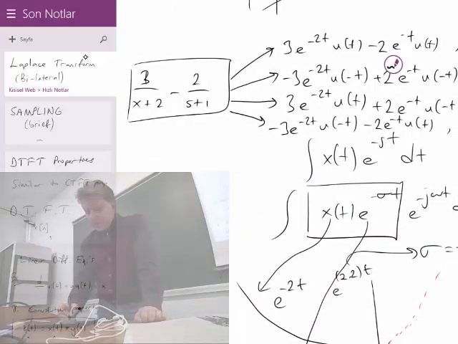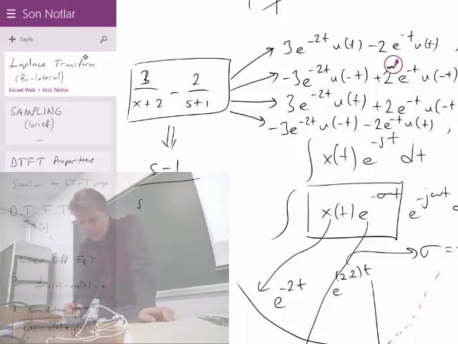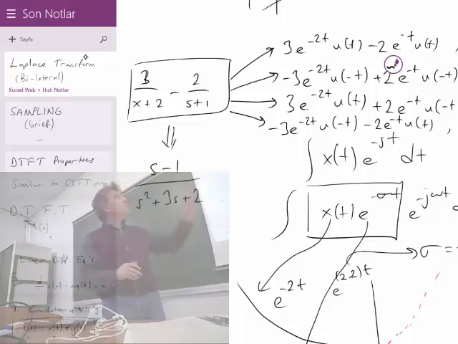One last remark before the break. When you compact this thing, it will become s minus 1 over s squared plus 3s plus 2. Okay? This is the simplified form. Which means that you have a zero of the system as well, at s equal to minus 1, which is the root of the numerator.